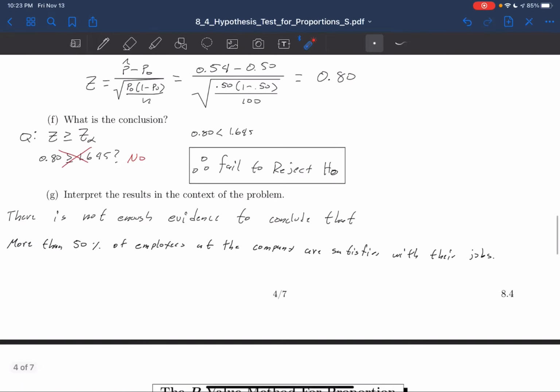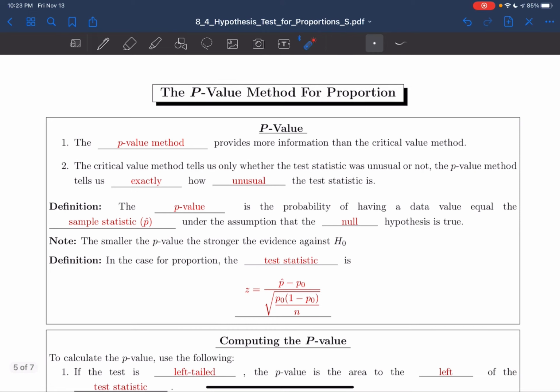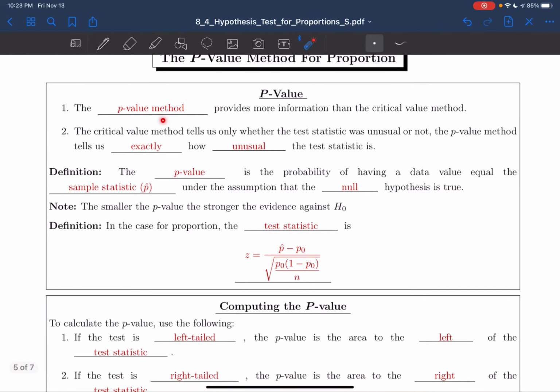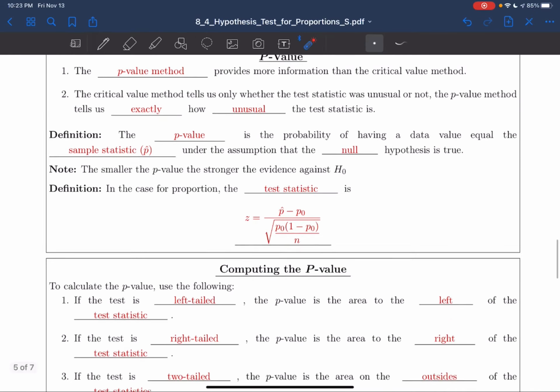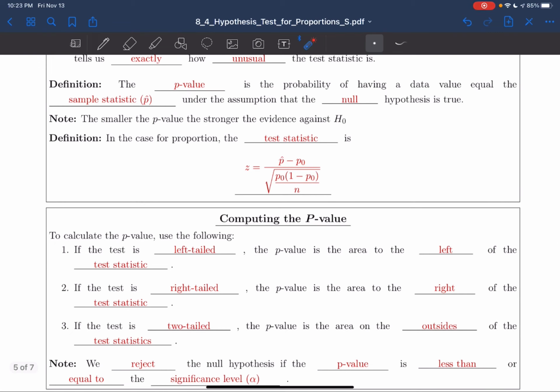So now we want to use the p-value method to perform hypothesis testing for proportion. The p-value method provides more information than the critical value method. So all of this is about the same. The only difference that we're going to talk about is that in the case of proportion, our test statistic is going to be this.